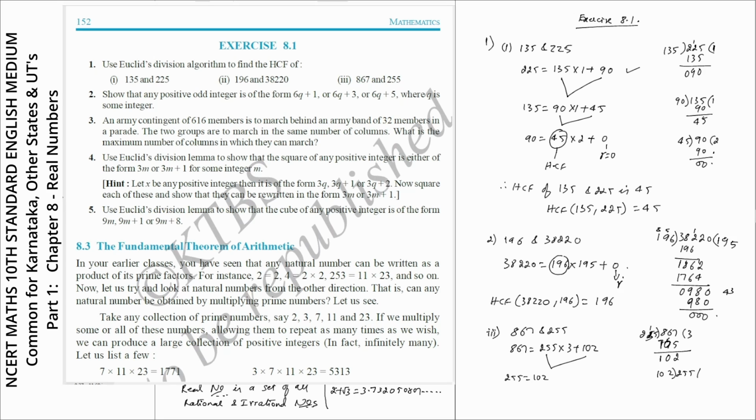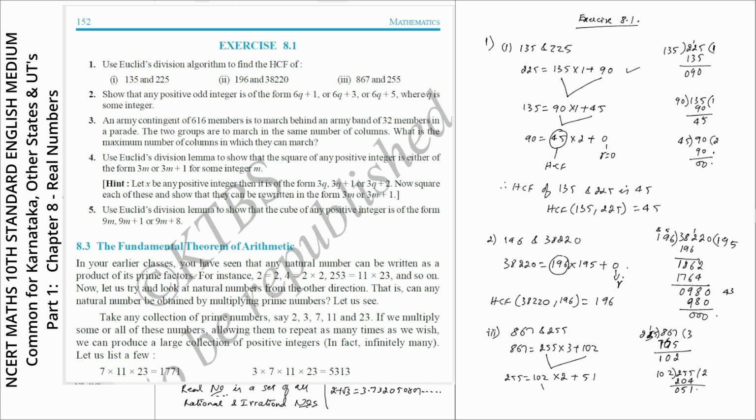So now if I take into 2, 2 2s are 4, 2 0s are 0, 2 1s are 2. So I'll get 204. Okay, 255 I can write as 102 into 2 plus 51.